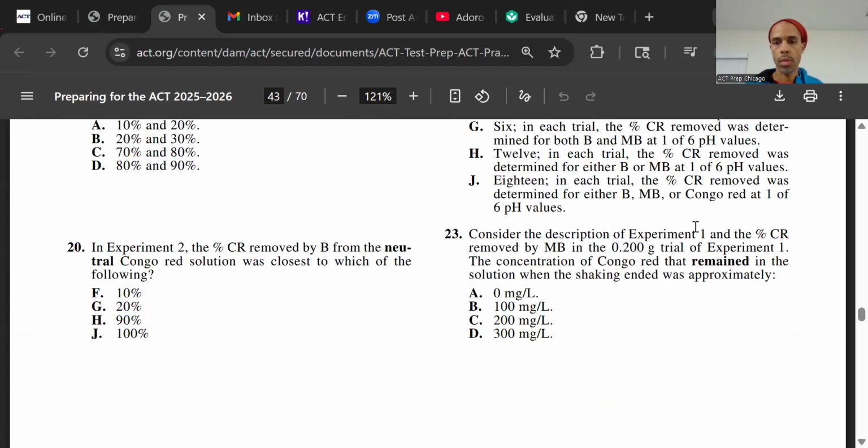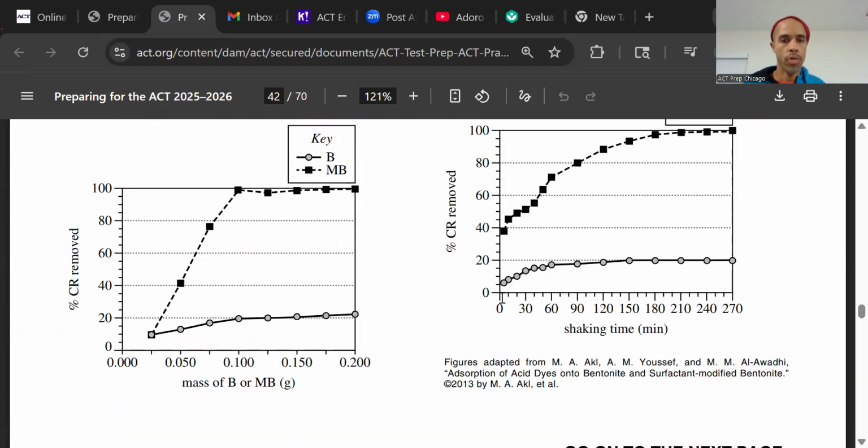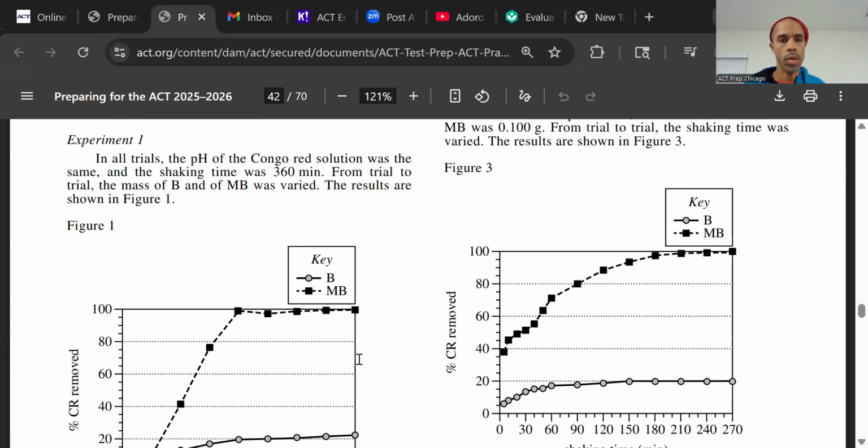The concentration of Congo red that remained in the solution when the shaking ended was approximately zero, because they said 100% of the CR was removed when the mass of the MB was 0.20 grams.